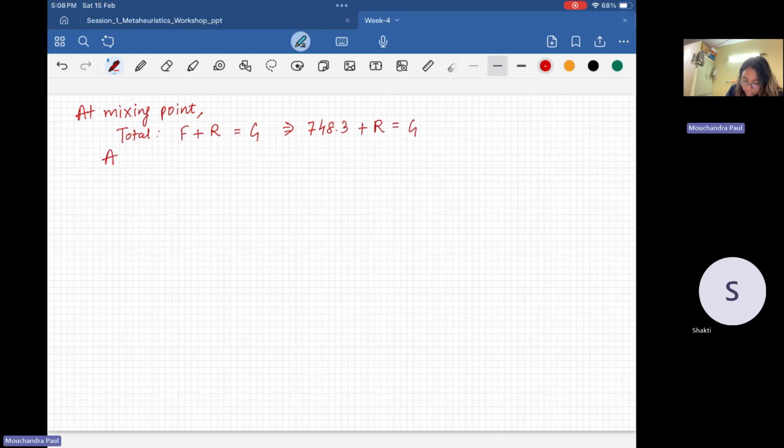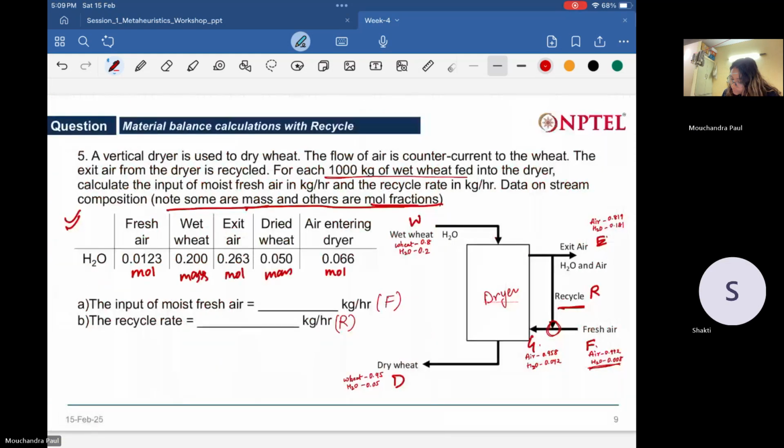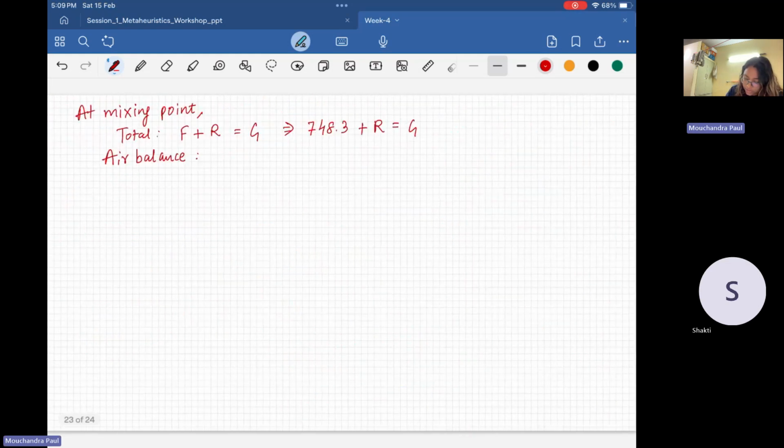Now we have to do a component balance. So let's first do a component balance for air. If we write an expression, we already have all the information with us.